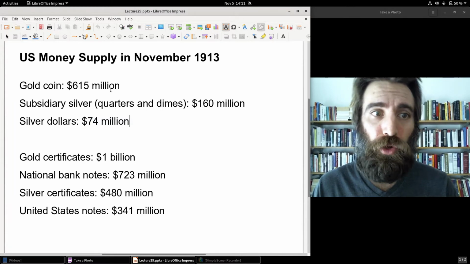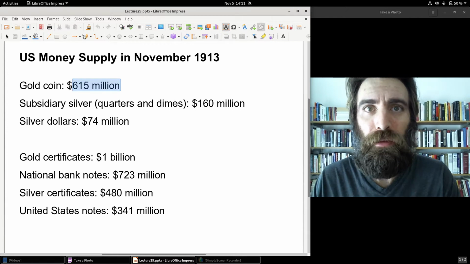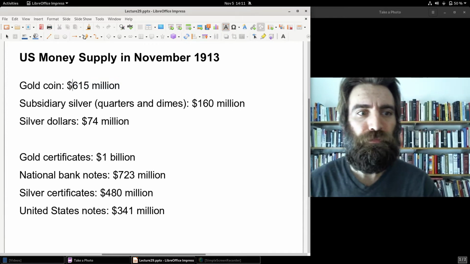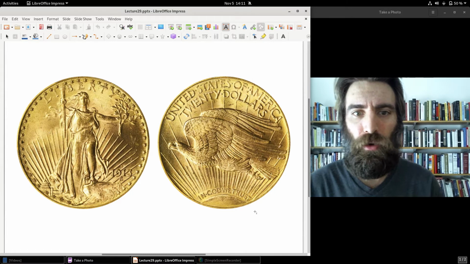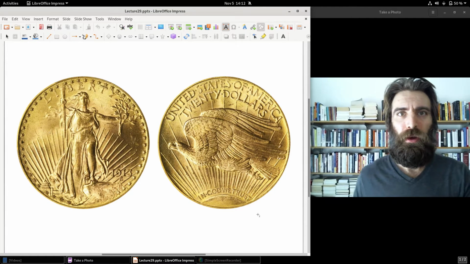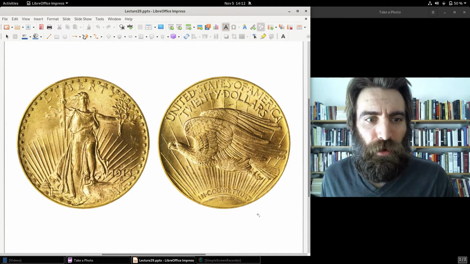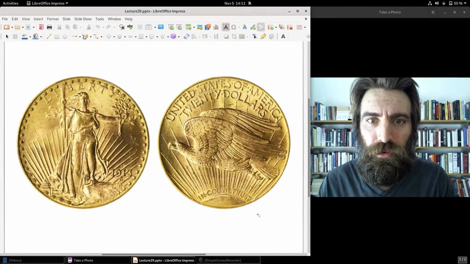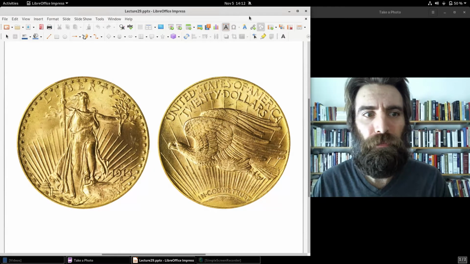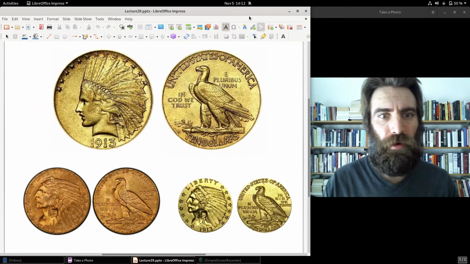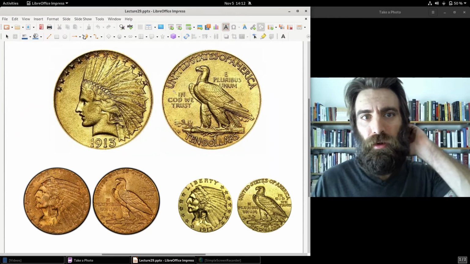But of the coinage, gold obviously dominates. So here's a $20 gold coin, a double eagle. Beautiful coin. Love this coin. Absolutely gorgeous coin. $20, United States of America. Here's a $10 eagle.